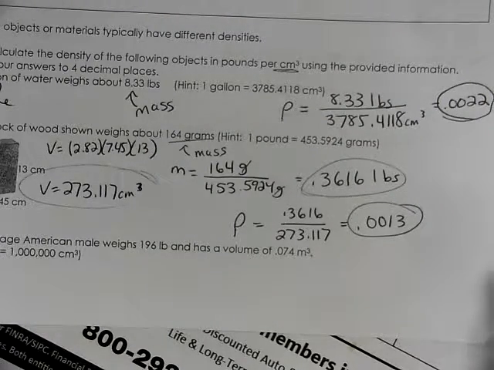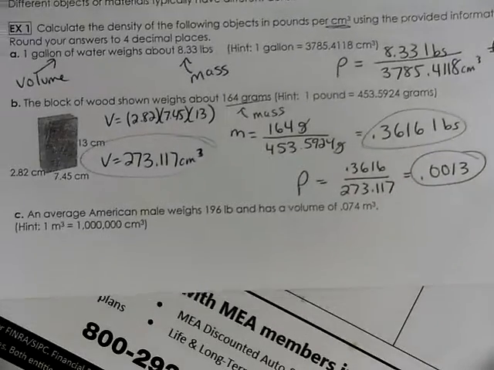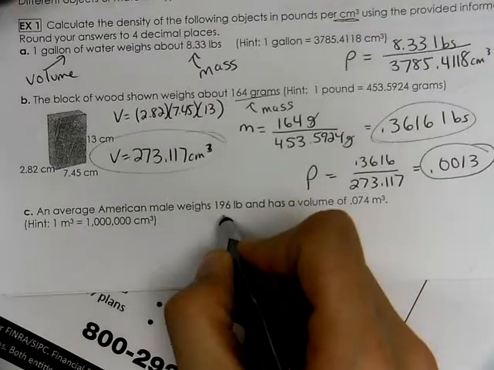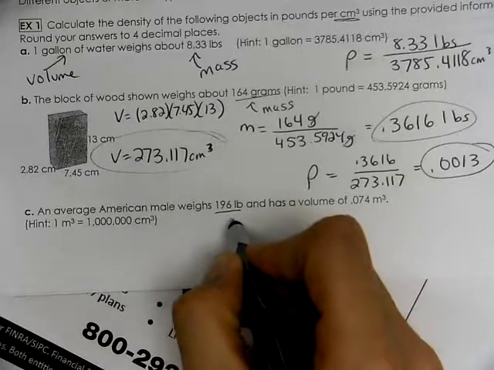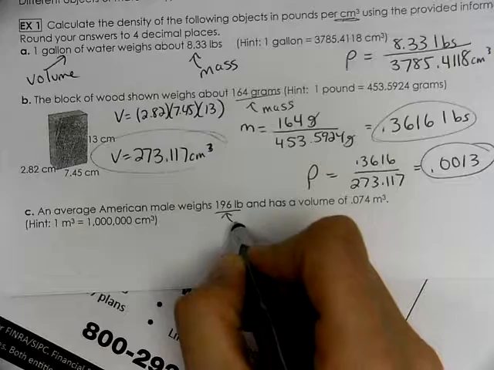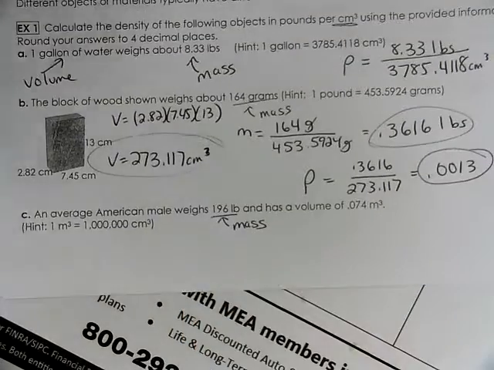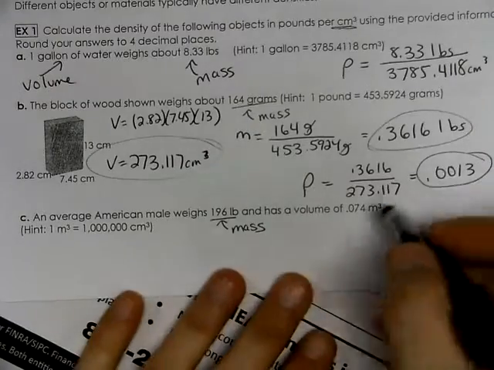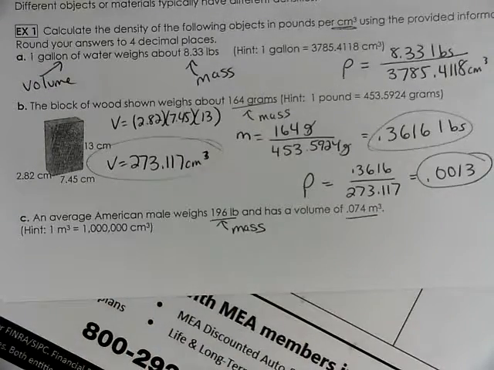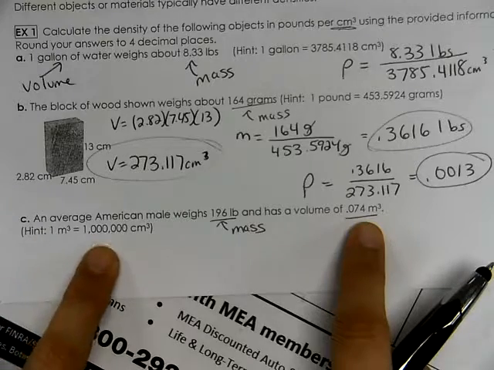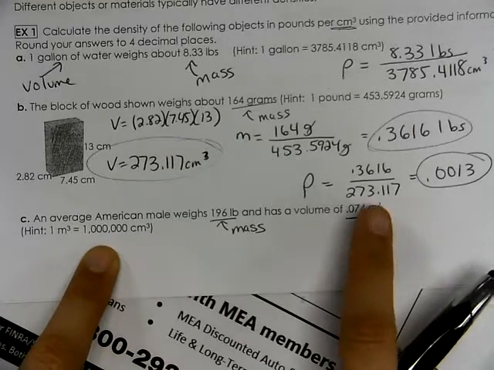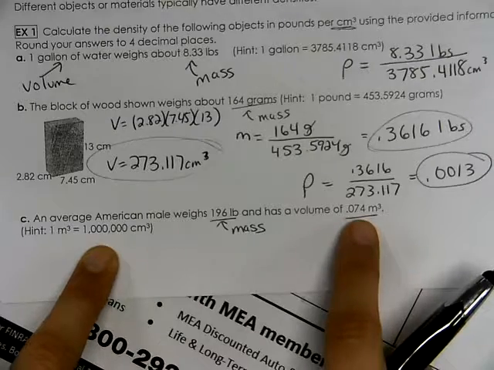Now we're going to find the density of an average American male that weighs 196 pounds and has a volume of 0.074 meters cubed. So I already have this mass. Did you say below average? This is its mass, we don't have to convert. I need to convert the volume from meters cubed to centimeters cubed. So 1 cubic meter is 1 million cubic centimeters. Am I going to multiply or divide? I'm going to multiply.